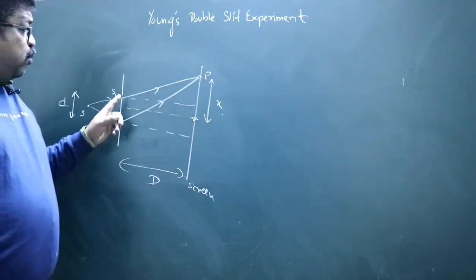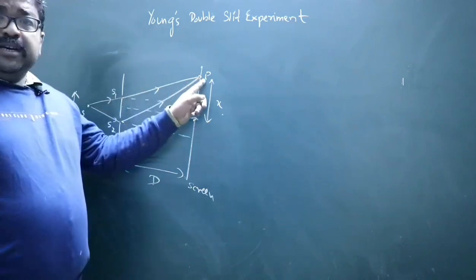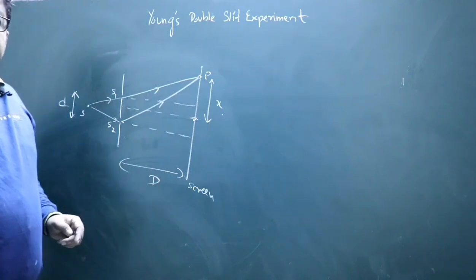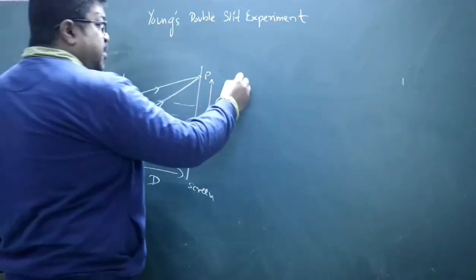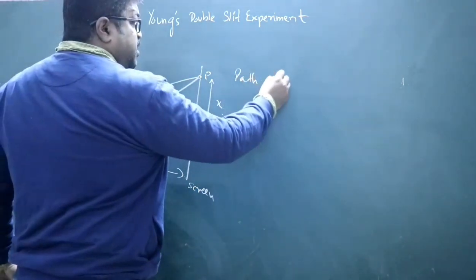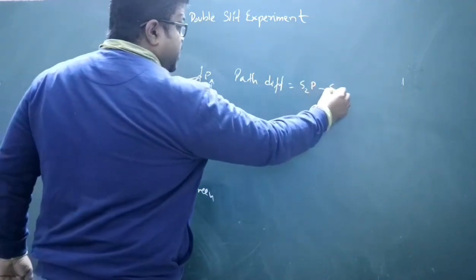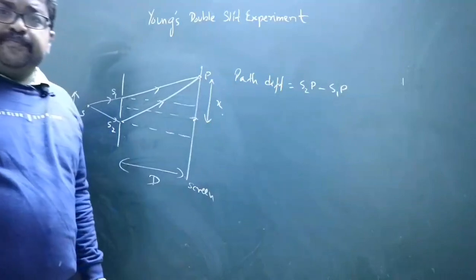Now one ray is traveling from S1 to P, another ray is traveling from S2 to P. So what will be the path difference of the two rays? It will be S2P minus S1P.